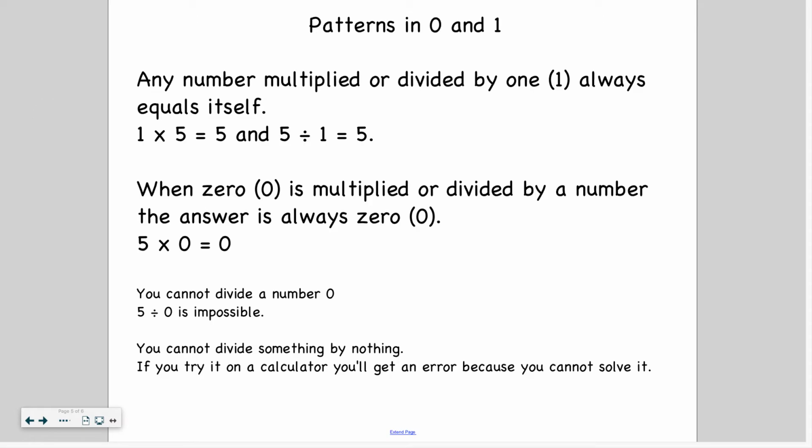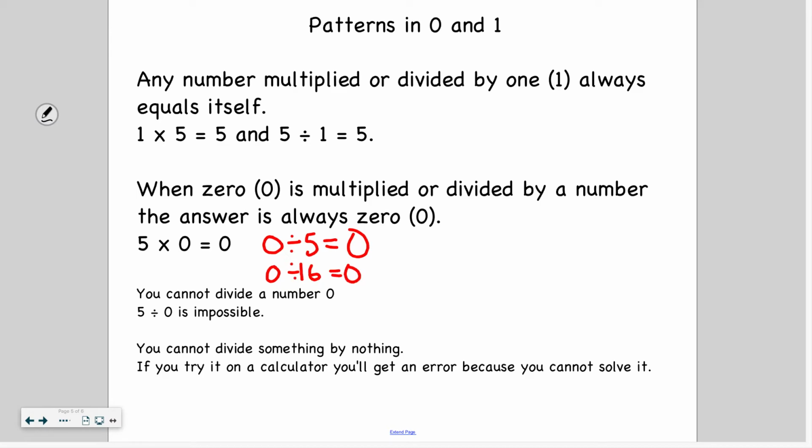For 0, it's a little similar. When I multiply by 0, or divide 0 by any number, sorry, the answer is always 0. 5 times 0 is 0. 0 divided by 5 is 0. And the same for anything. 16 times 0 is 0. 0 divided by 16 equals 0.